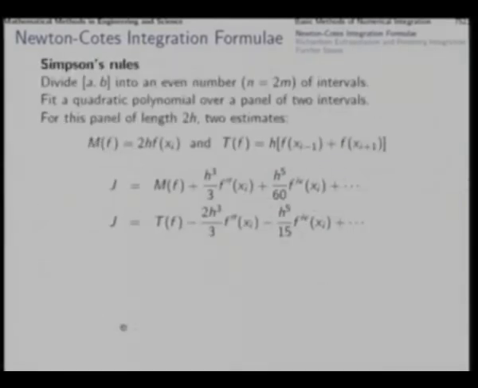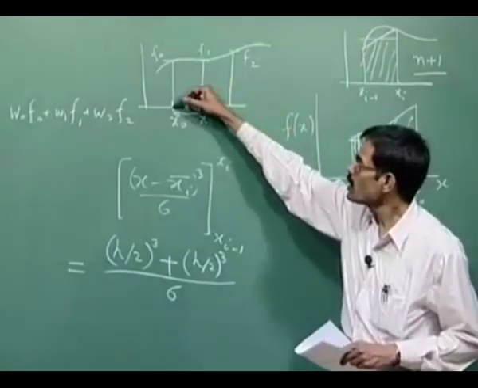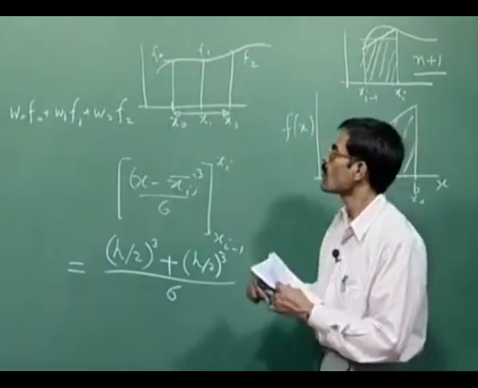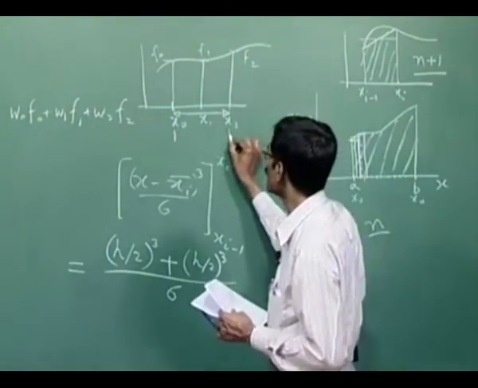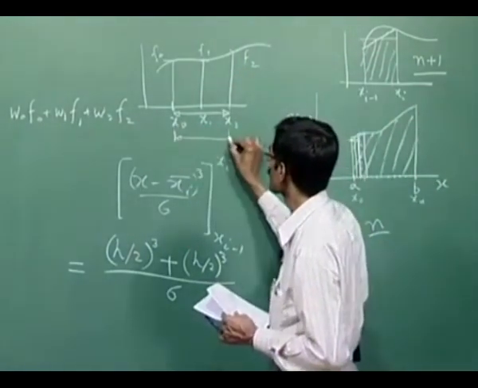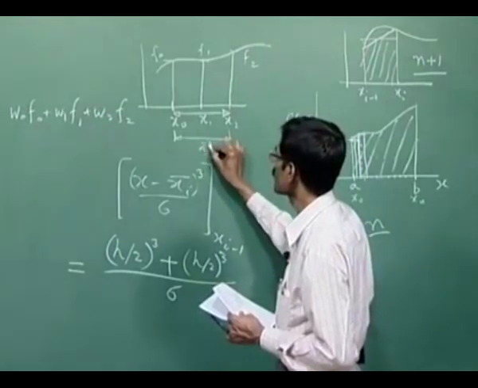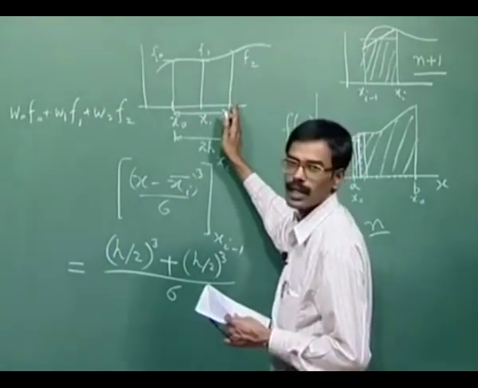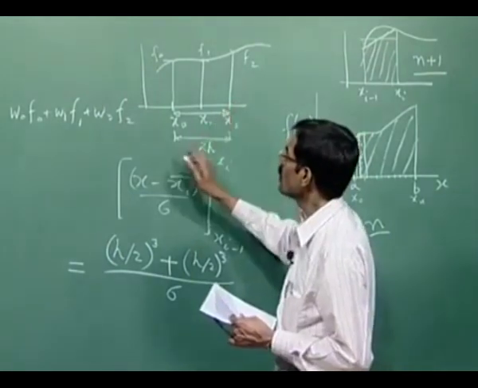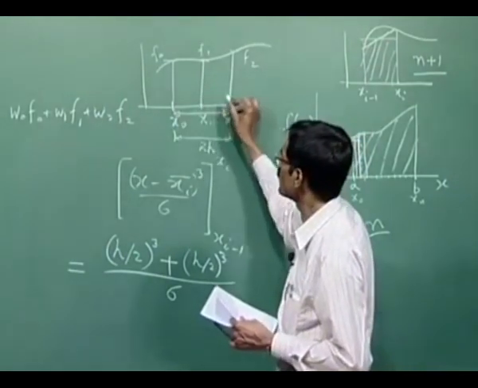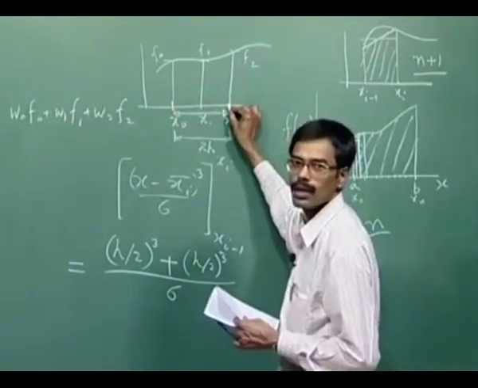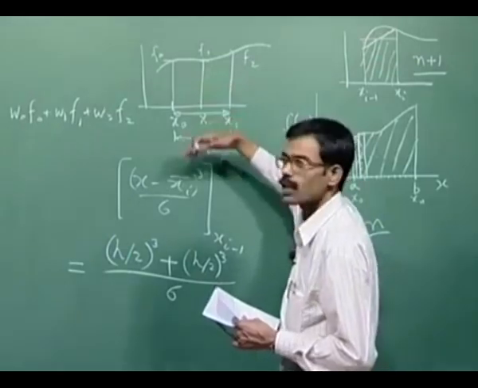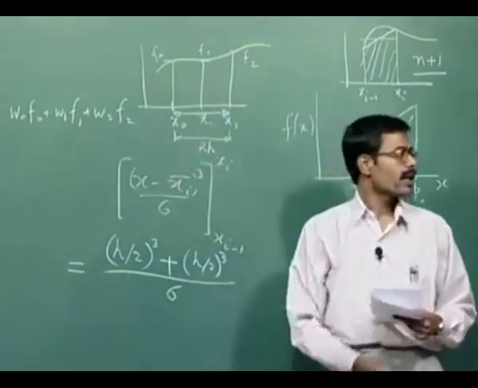So, using this kind of a pair of subintervals, over this double interval of size 2h, we can use midpoint rule to find an integral estimate, or we can use trapezoidal rule and try to evaluate the integral like that.